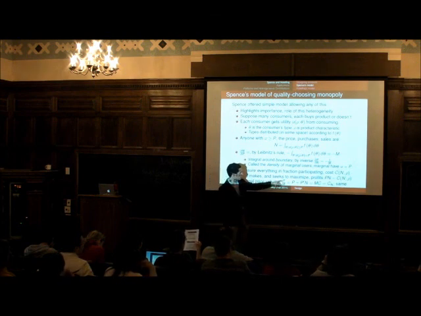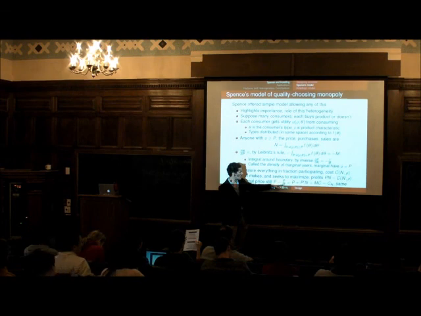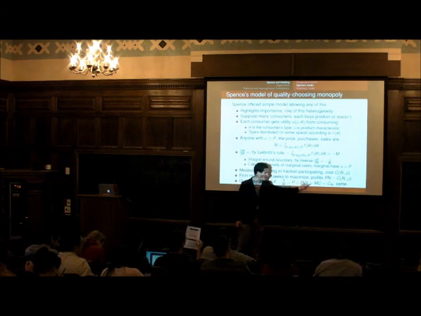Sorry, this should be n over n. So this is how much price falls when the quantity increases times the quantity. And so that gives you just the standard Cournot formula, marginal revenue equals marginal cost.